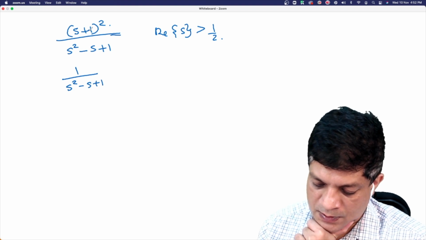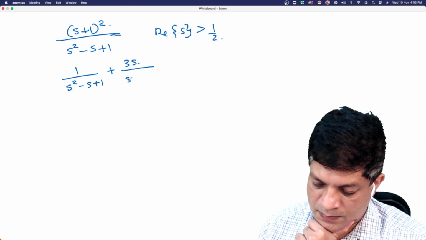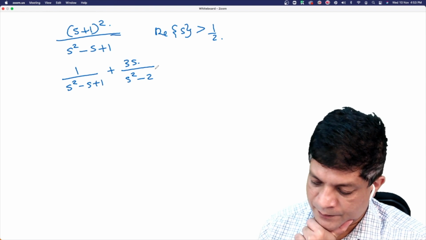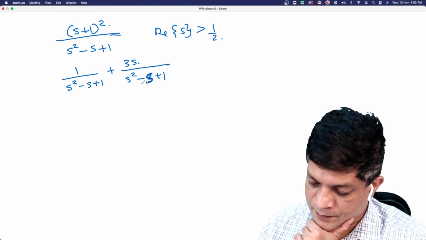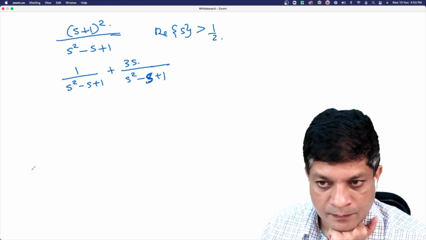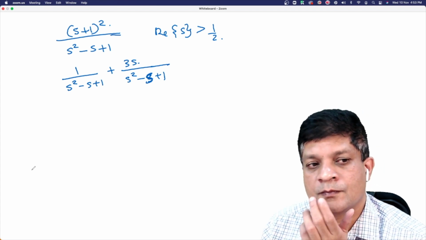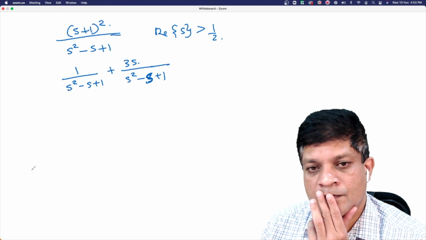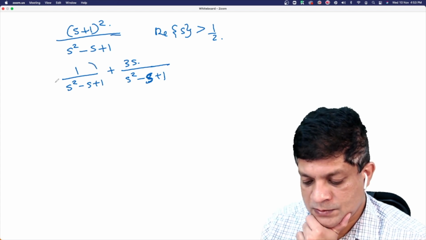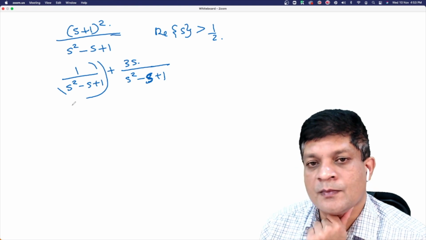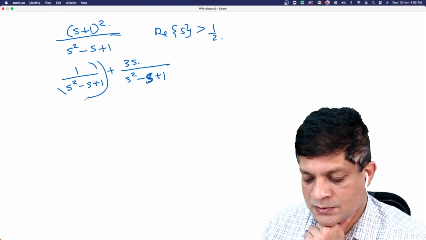There will be 2s plus 3s divided by... Now what about this? Is it in some standard form?